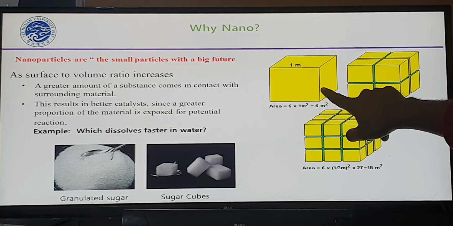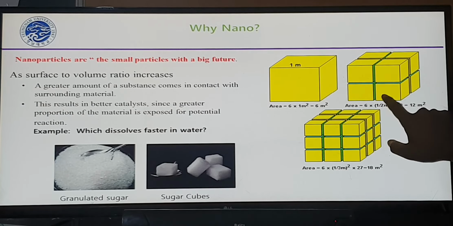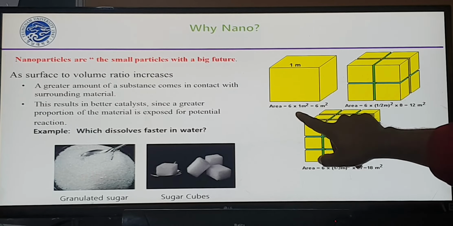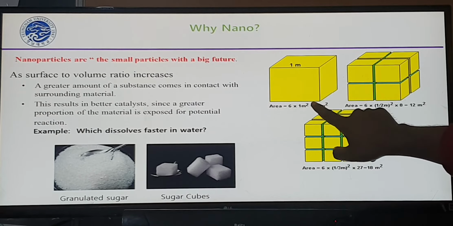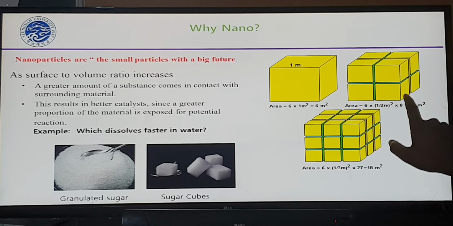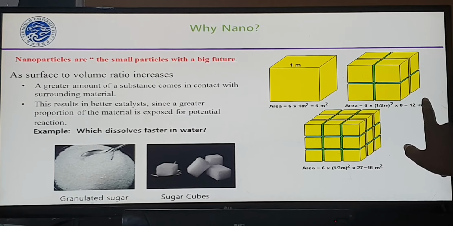Now we are dividing the same cube into 8 parts, so you can see the calculation: 6 into 1 meter square for 1 cube. Here, 6 into 1 by 2 meter square, where we make the same cube into 8. So here the surface area is 12 meter square.